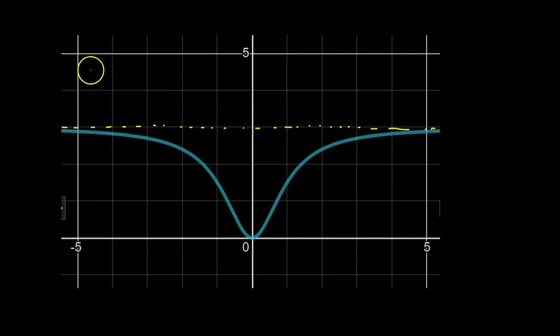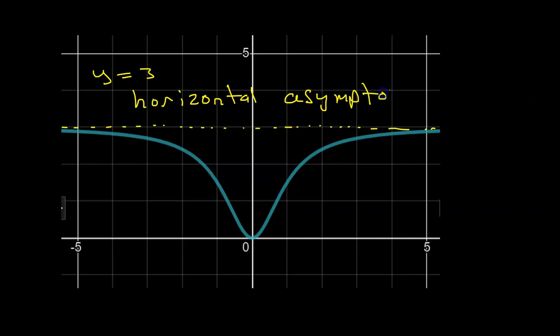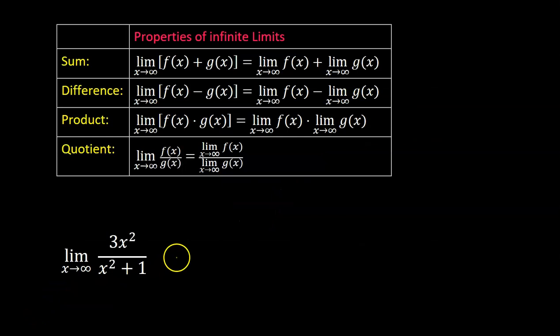So the line y equals 3 would be a horizontal asymptote. So numerically and graphically, it appears that the limit as x approaches infinity or negative infinity is 3.